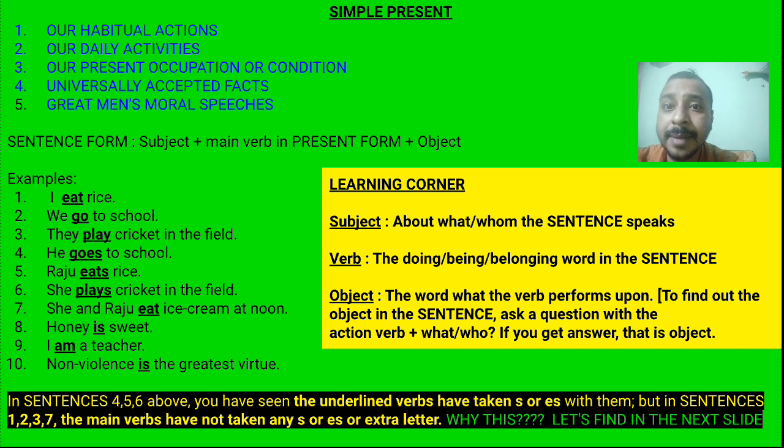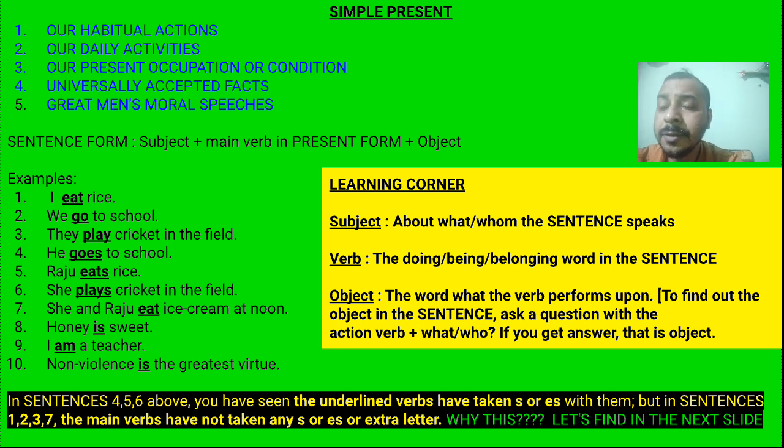And rice is the object because it is the answer to the question of action verb plus what. So this is the simple thing about subject, verb, and object.